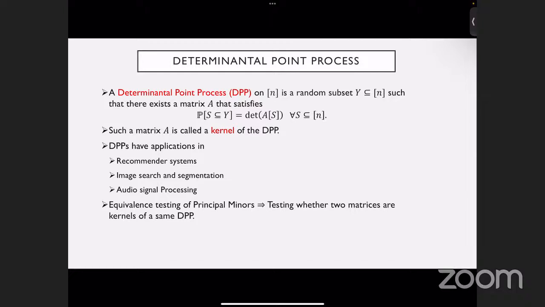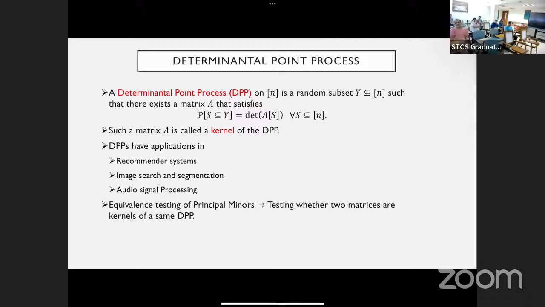Then we create an n cross n matrix such that the (i, j)th entry represents the similarity between the ith and jth object, and a subset S is recommended to the user with probability equal to the principal minor corresponding to this subset S.